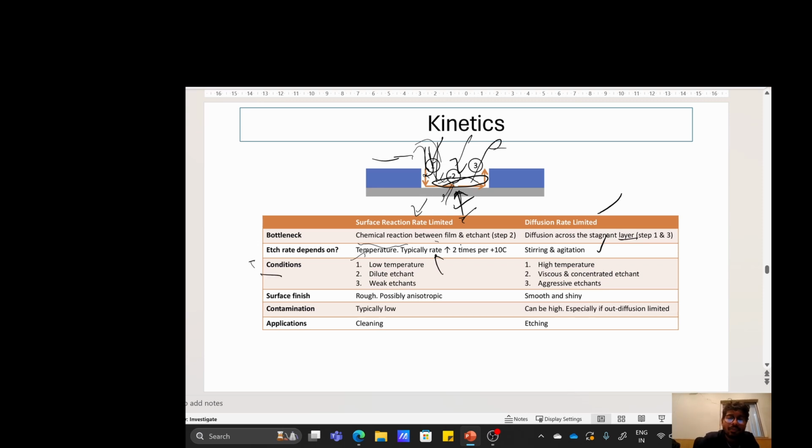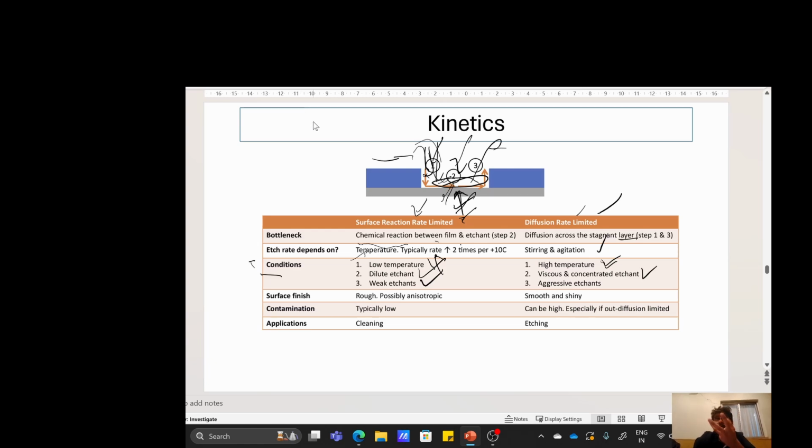So the conditions: surface reaction rate limited happens at low temperatures, because of a dilute agent, where the molecules of the agent are very few, since we diluted it in the solvent, or because of weak agents. At high temperature, the reaction is faster, but diffusion is not that much faster, so it becomes diffusion rate limited.